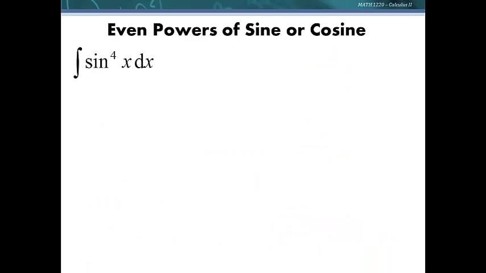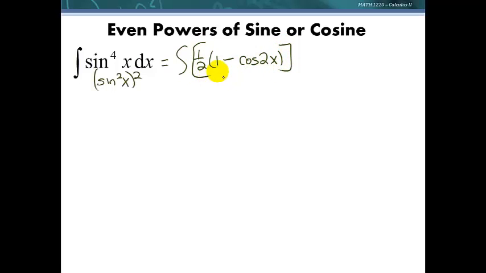So what if we have the even powers? How is this going to help us? What I'm going to do is express this as sine squared x, squared, and use that formula, which was 1/2 times 1 minus cosine 2x, this quantity squared dx.